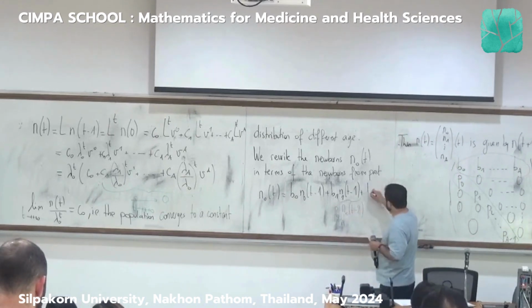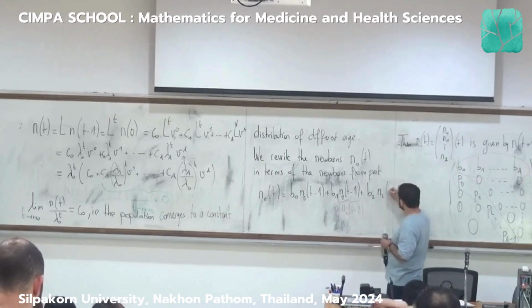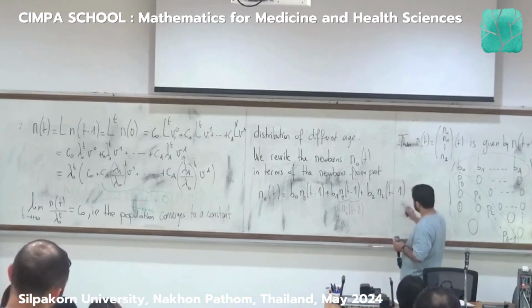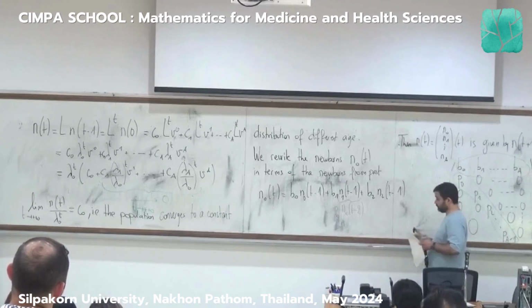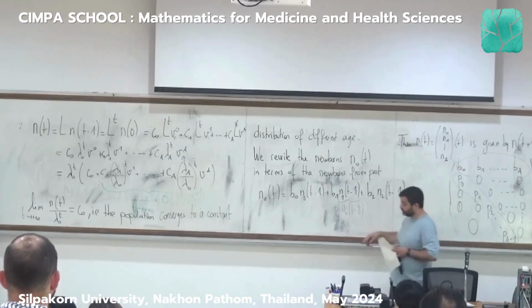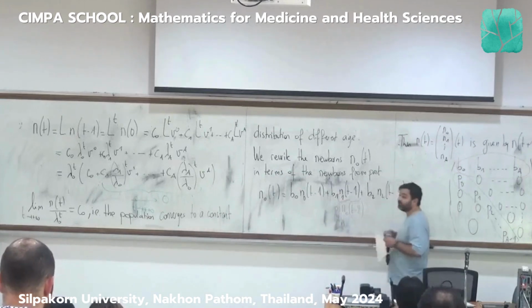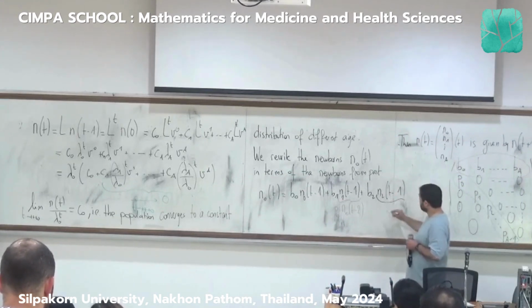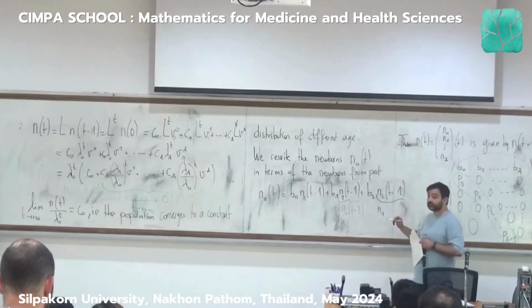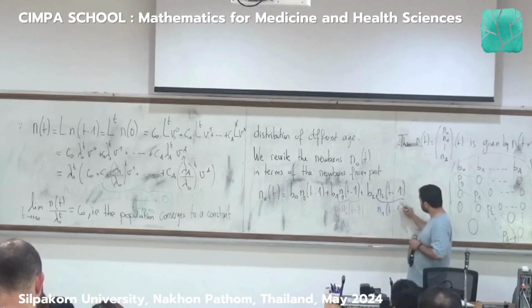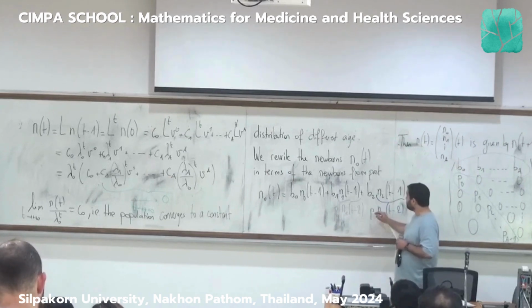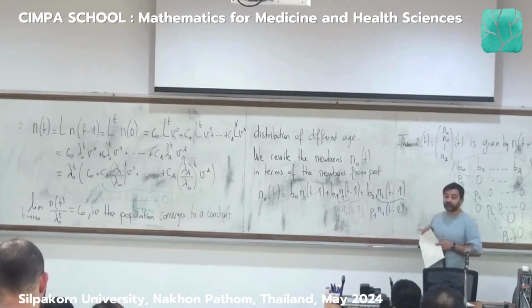Then we have N2 at t. The people of age 2 one year before were age 1 and they survive.